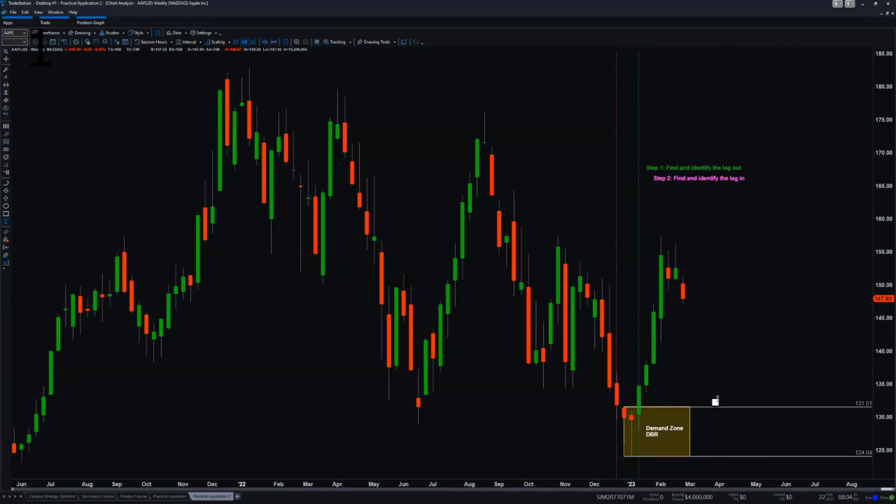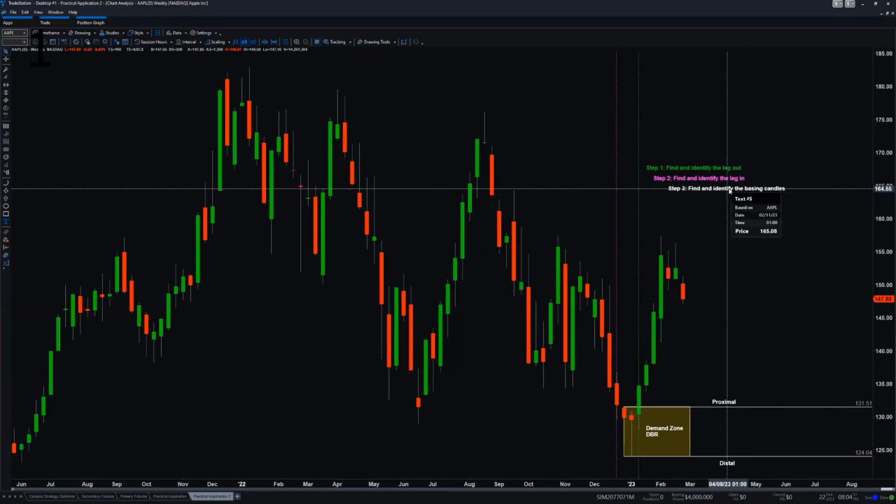We have a proximal and we have a distal. Now that was step three: find and identify the basing candles.